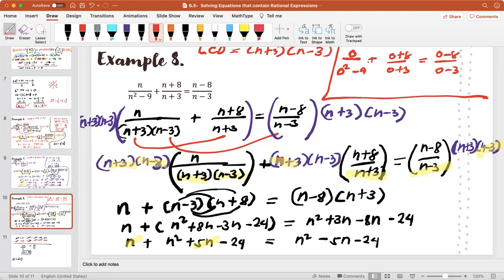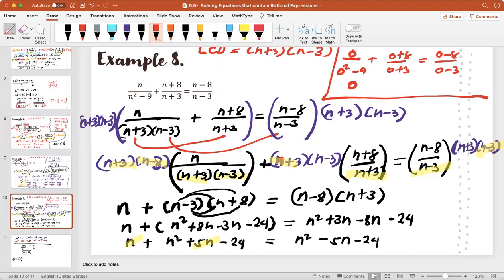What do you think this is? 0 divided by, we know the value of your denominator, right? It's negative 9. 0 divided by negative 9, is it undefined or 0? 0. If your numerator is 0 but your denominator is not, it's 0. But negative 9 divided by 0 is undefined.